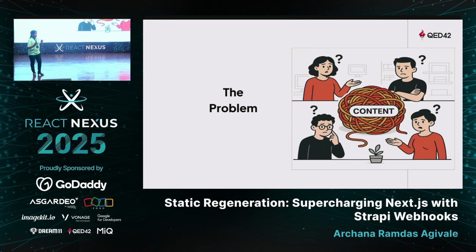Think of a website which has hundreds of articles, and suppose one of your editors changes one article, maybe just a small fix. That one tiny fix will force your whole website to go through the rebuild process. It will regenerate all the other pages which did not change.